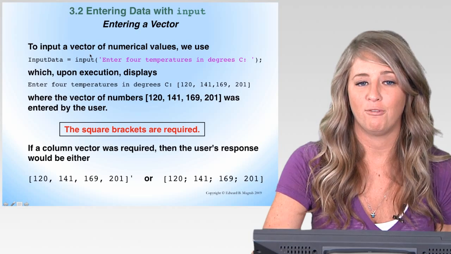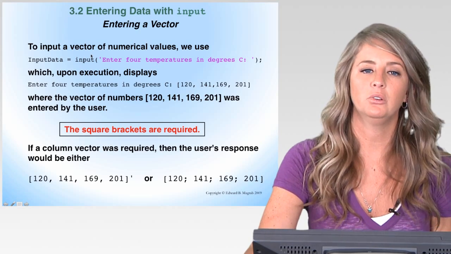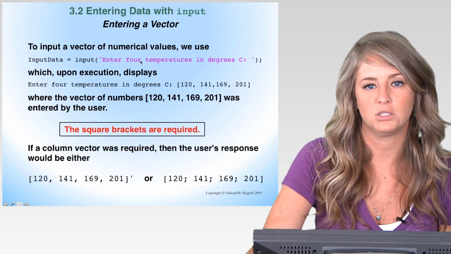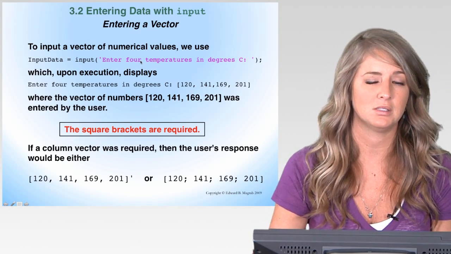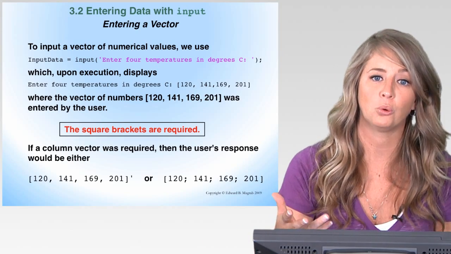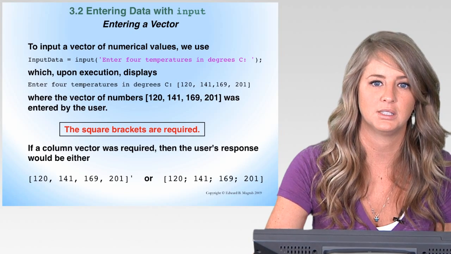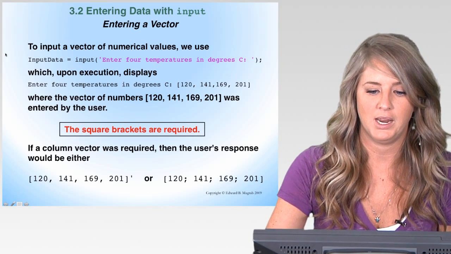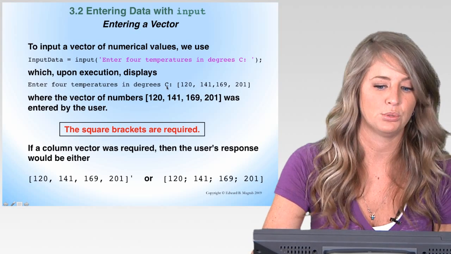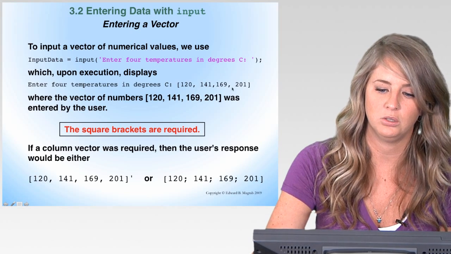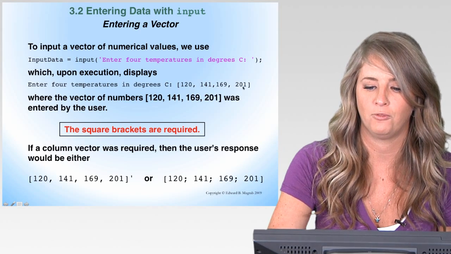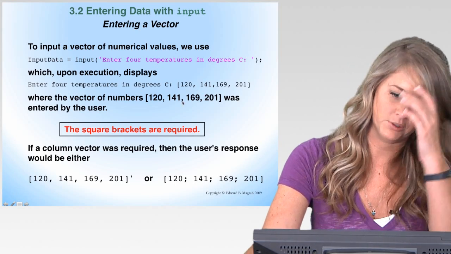To input a vector of numerical values, we can do that as well. So let's say that we want temperature in degrees Celsius, but this time instead of a single value, we want 4 temperatures in degrees Celsius. So the user could enter that just by saying, enter 4 temperatures in degrees Celsius, and then they could use the square brackets to create this vector of 4 values for the temperatures.